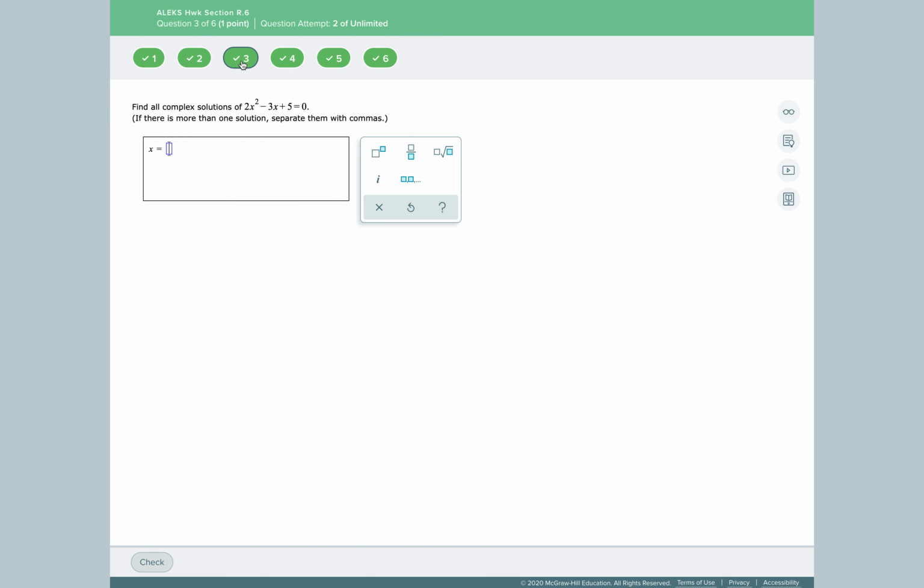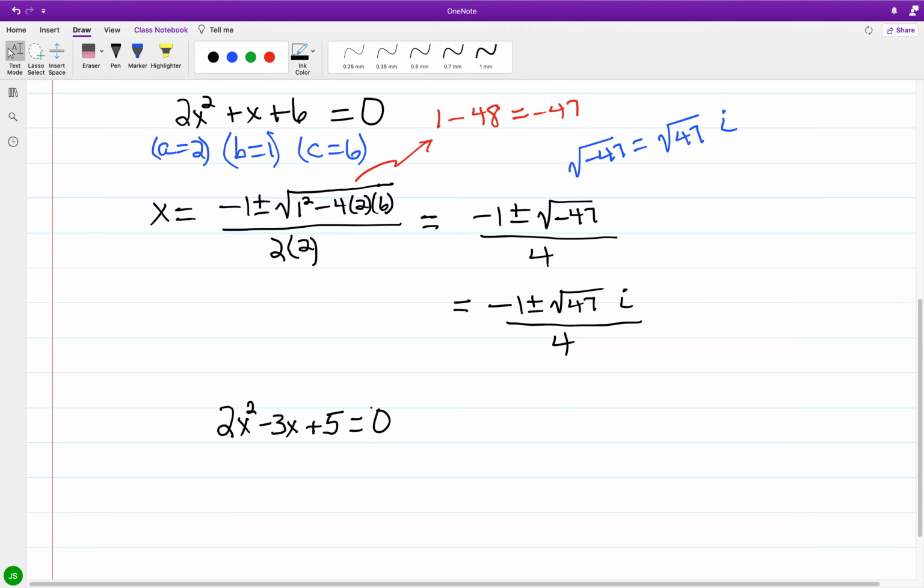Now, for the third problem, it says to find all complex solutions of 2x squared minus 3x plus 5 is equal to 0. For this equation, we have a quadratic equation that is in standard form, and this one is also not factorable in terms of integer coefficients.